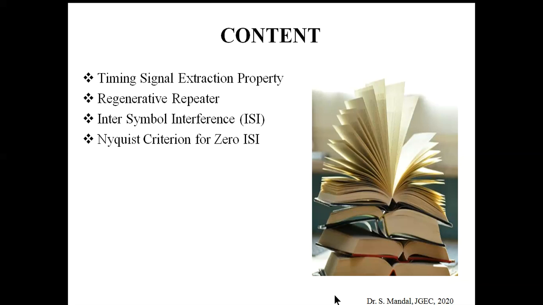Then we'll elaborate the working principle of the regenerative repeater, which is a major advantage of digital communication systems over analog communication systems. Then we will discuss inter-symbol interference, commonly known as the ISI effect, that is nothing but distortion due to pulse spreading in the digital communication system. And after that, we'll also discuss the Nyquist criteria to minimize the ISI. That means Nyquist criteria for zero ISI.